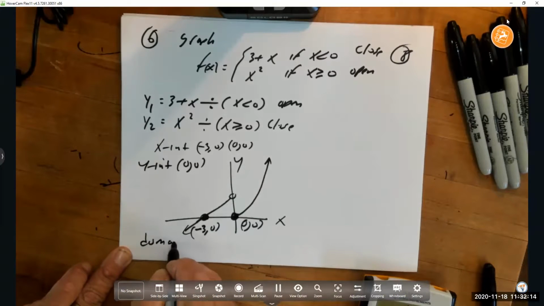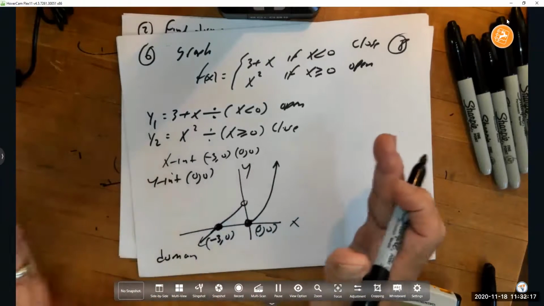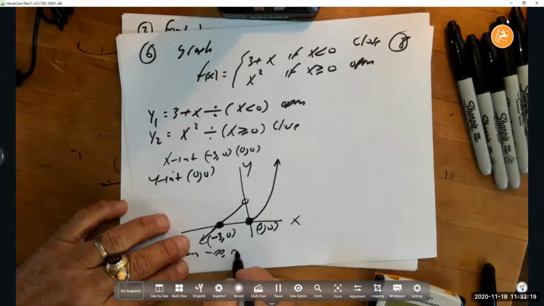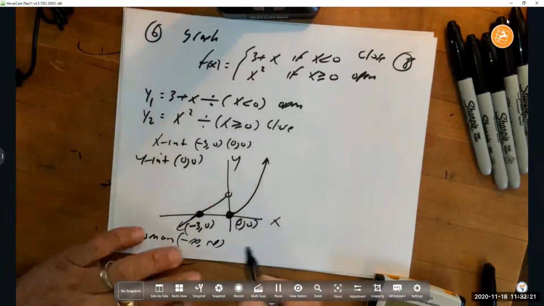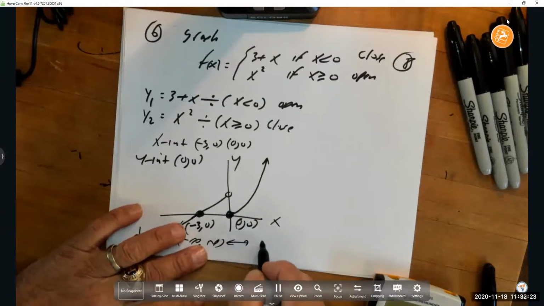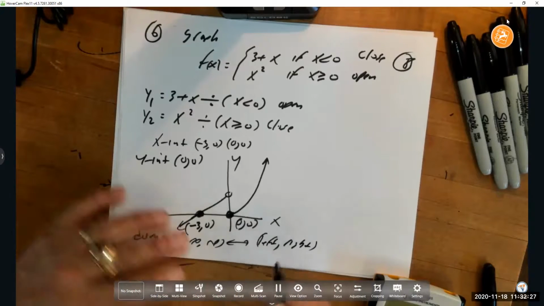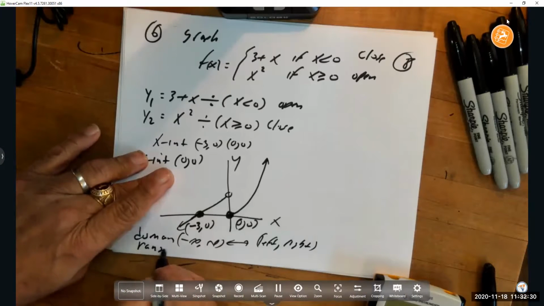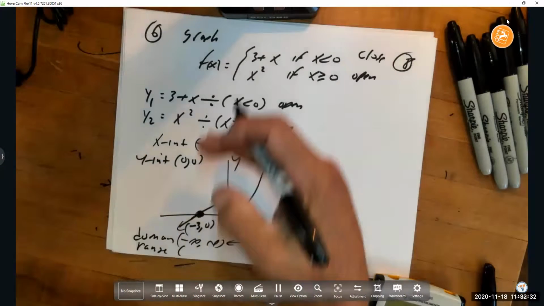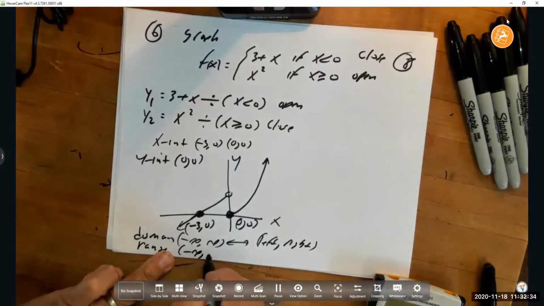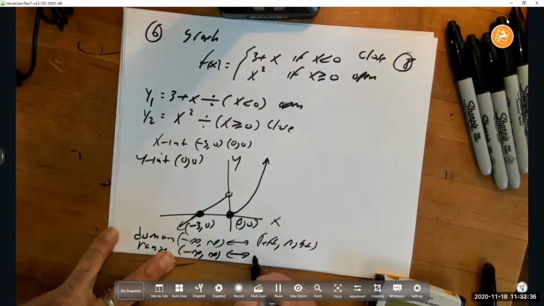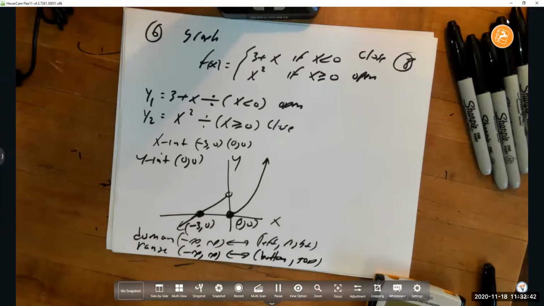Domain is left and right, just negative infinity to infinity, because it doesn't stop either way. And the range is the same thing, negative infinity to infinity, just from the bottom to the top. That's it.